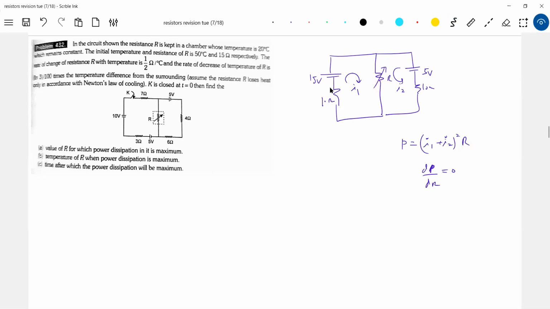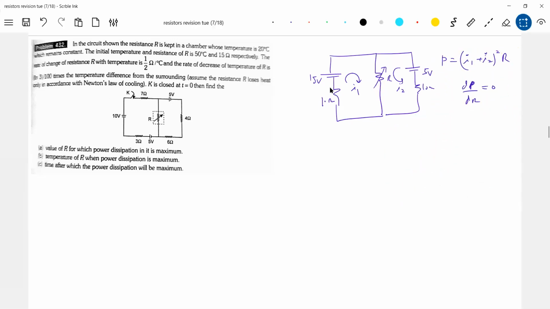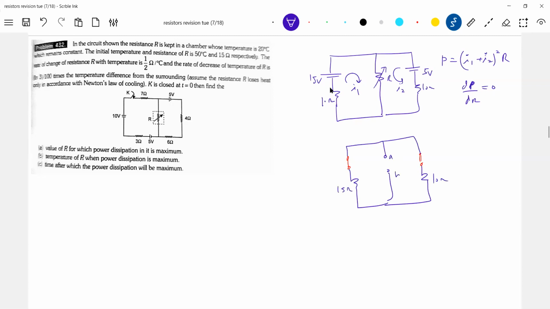Another alternative method: where all cells are there, replace them with internal resistance. You can see this. Here one cell was there, here one cell is there. Then proceed like this. Then, between that resistor R, what is the effective resistance as seen by that resistor? 10 ohm, 15 ohm, and these are the terminals C and B. Here the cell which was there is shorted.